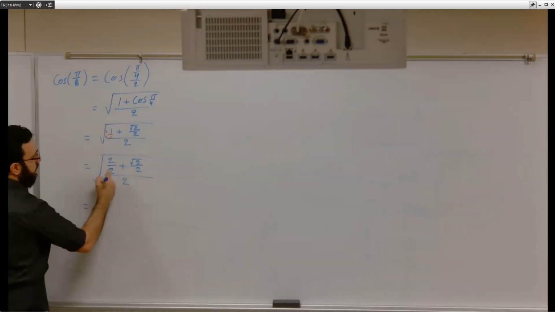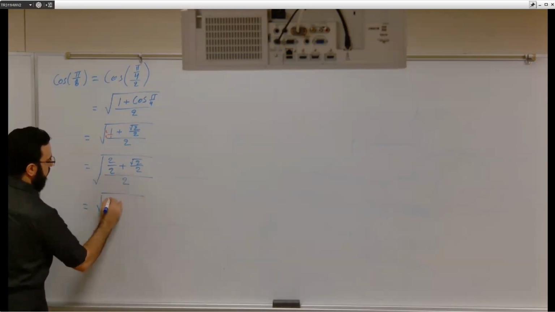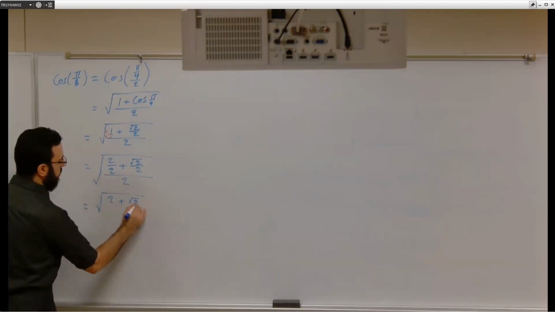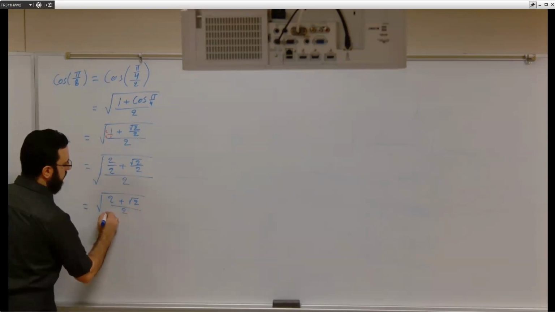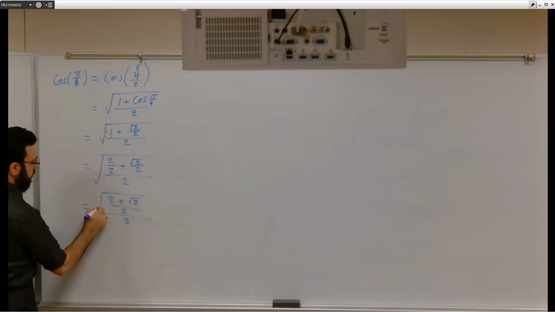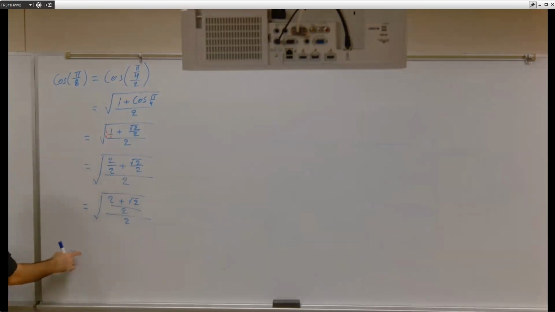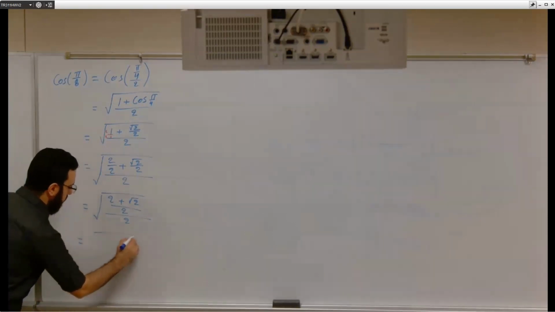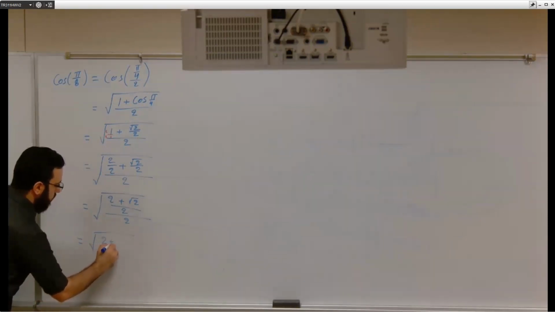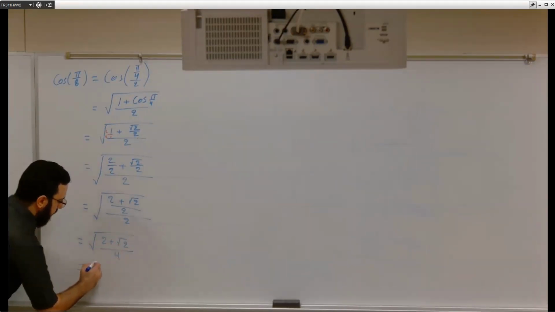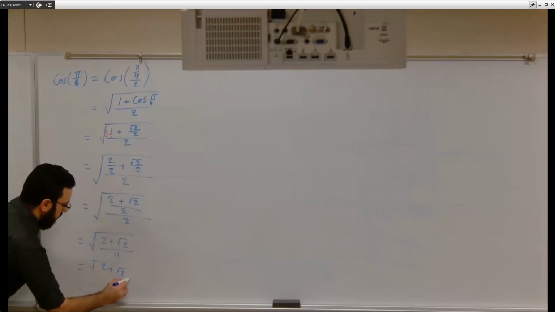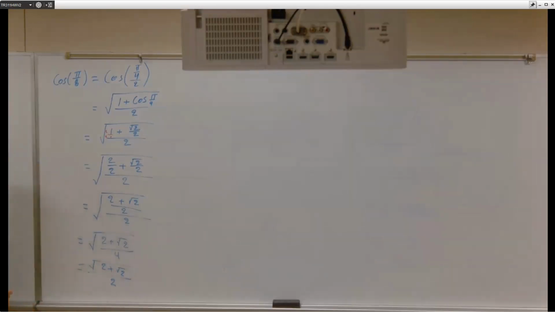That means it's going to be the square root of 2 plus square root of 2 divided by 2, everything divided by 2. And then it's going to be the square root of 2 plus square root of 2 divided by 4. This 4 is under the root, take it out from the root, it's going to be 2.